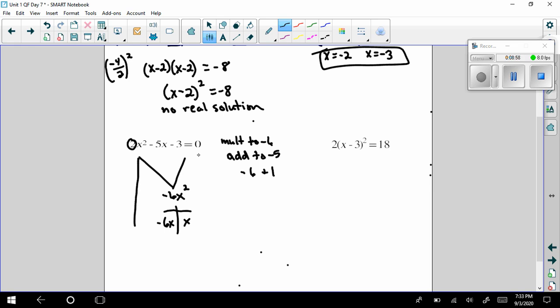So I bring down my first terms here, my first and my last. So now I have 2x squared minus 6x plus x minus 3 equals 0. I'm going to factor by grouping, so I can pull a 2x out of this. So I have 2x times x minus 3. Out of this one, I can pull out a +1.